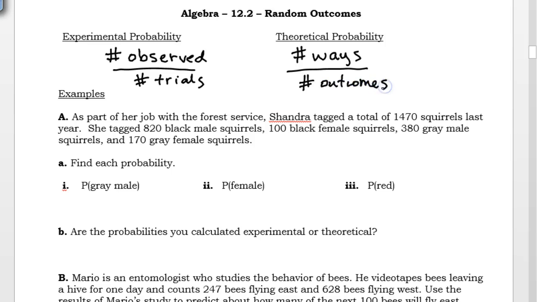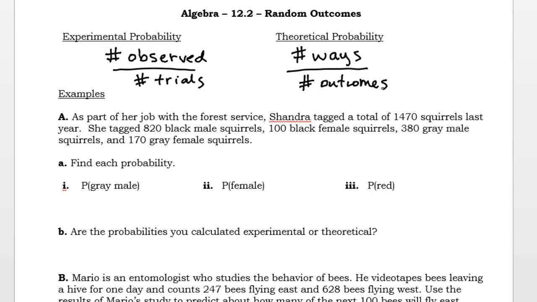Remember, outcomes means possibilities. So for the first example, it says, as part of her job with the Forest Service, Chandra tagged a total of 1,470 squirrels last year. She tagged 820 black male squirrels, 100 black female squirrels, 380 gray male squirrels, and 170 gray female squirrels. Find the probability of getting a gray male.